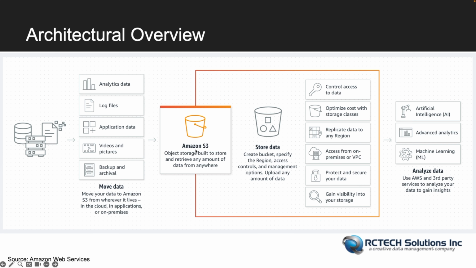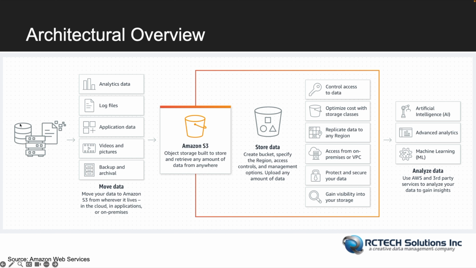It's titled Amazon S3, the object storage built to store and retrieve any amount of data from anywhere. The second section has more text under the heading Store Data. It says create bucket, specify region, access control, and management options, upload any amount of data.